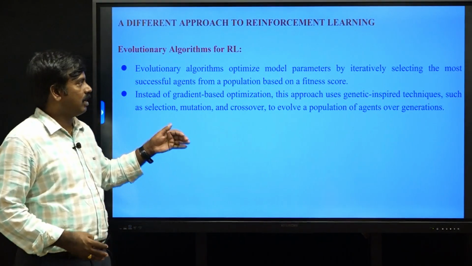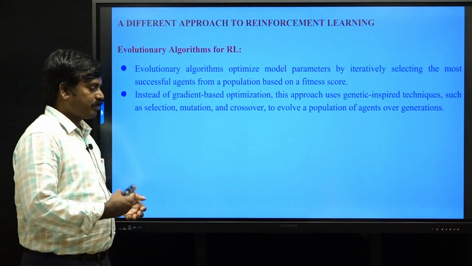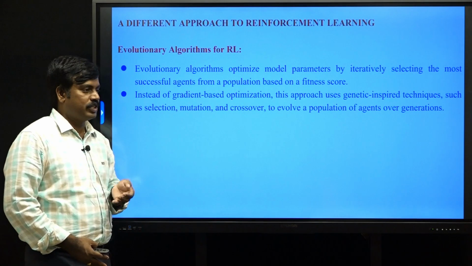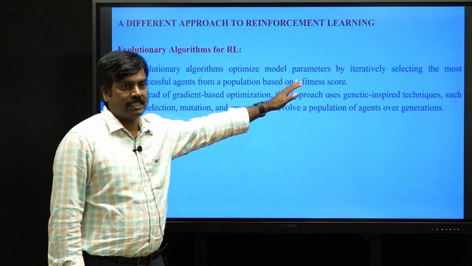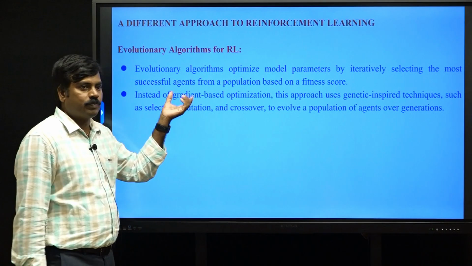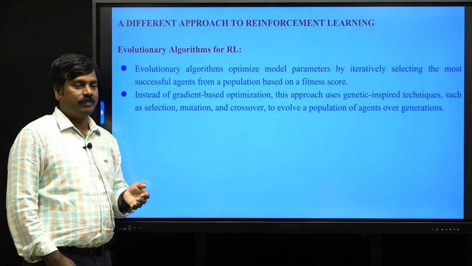They do not require backpropagation; gradient based optimization is not required in evolutionary algorithms. They optimize the parameters by iteratively selecting the most successful agents from a population based on the fitness score.